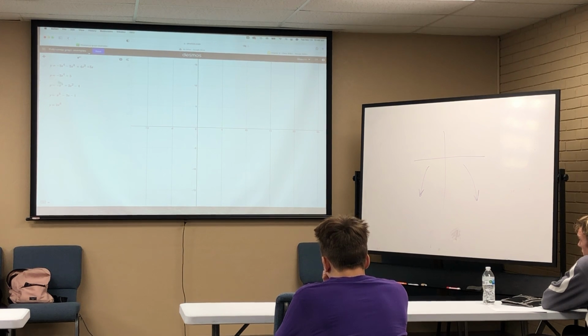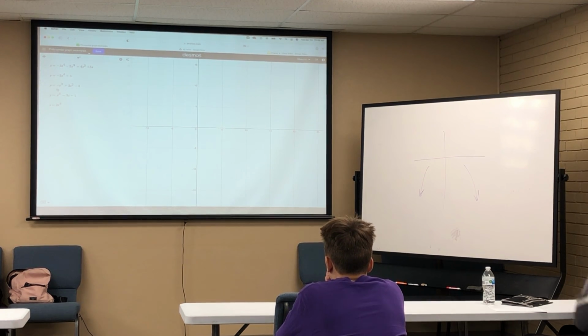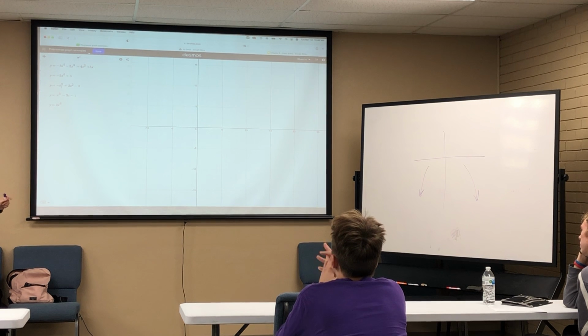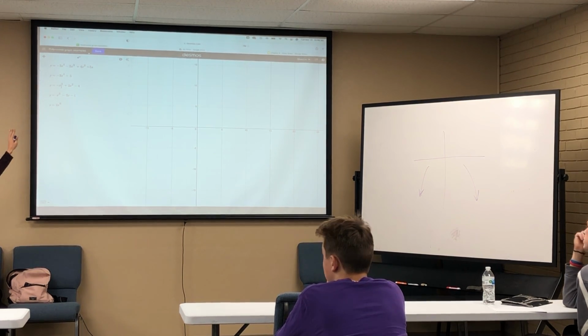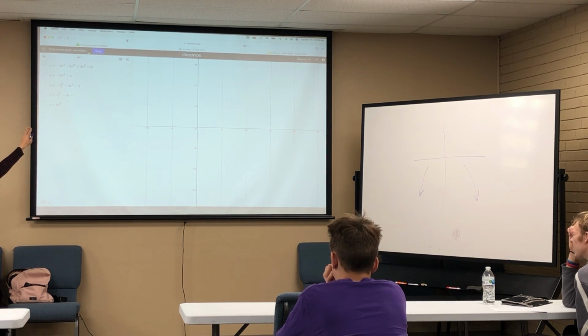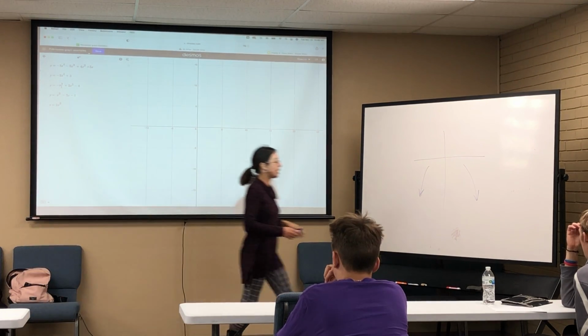Okay, so let's look at this one. What's our A value here? -1, so our end does what? Faces down. What's our degree of the polynomial? 3. So this type of equation would be called a what? Cubic. Excellent. So we know it faces down.